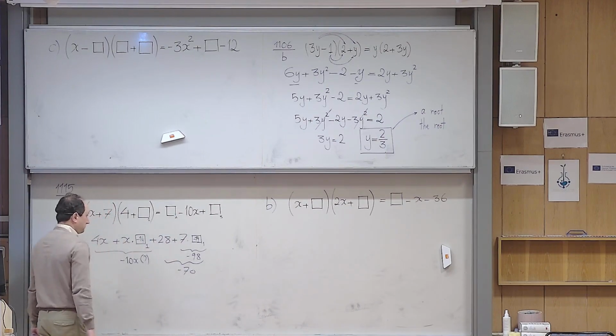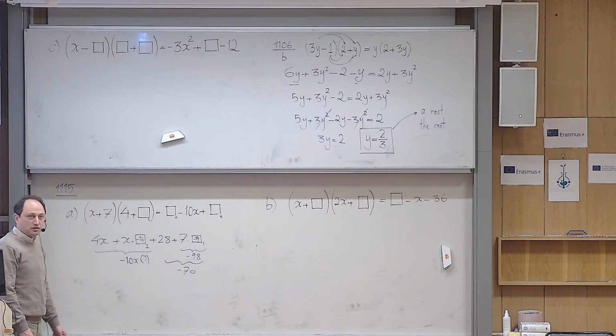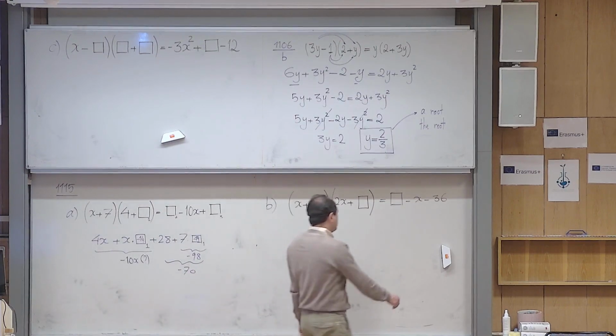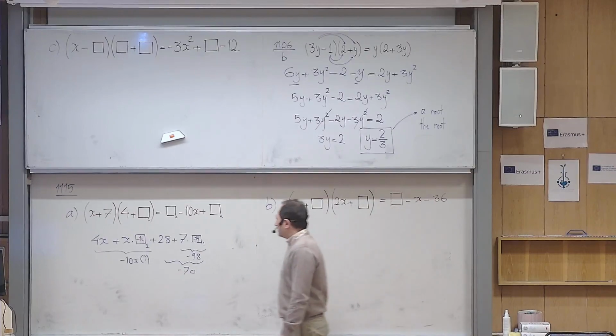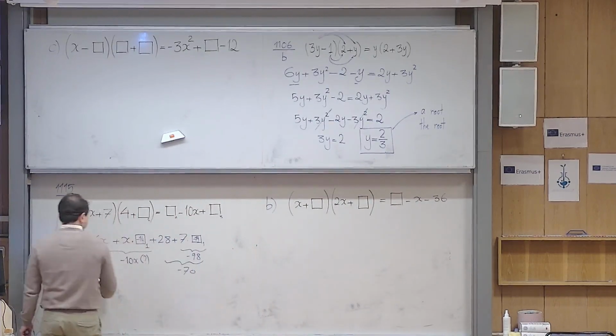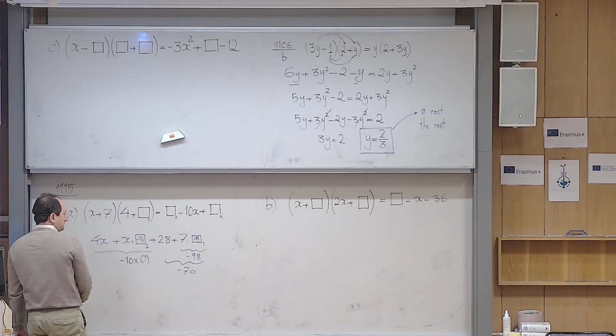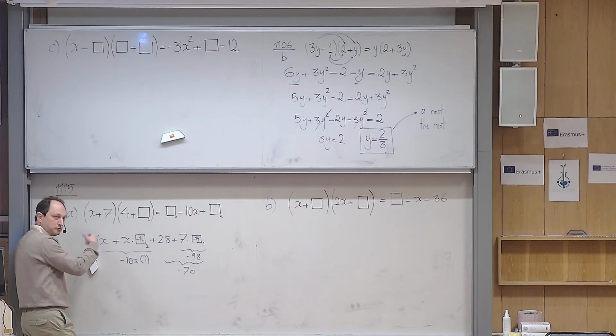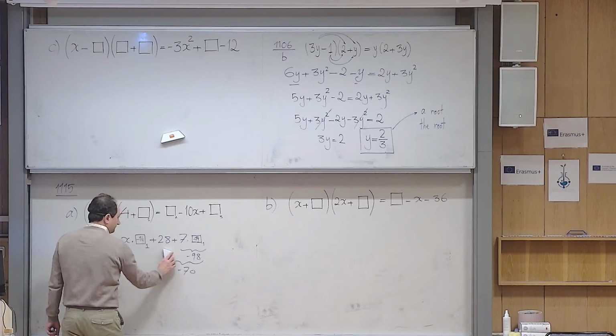It doesn't work. So I have to clean it up. Unfortunately, I don't know what to do here. Do you understand that this method was plausible, but it didn't work? So we have to clean.